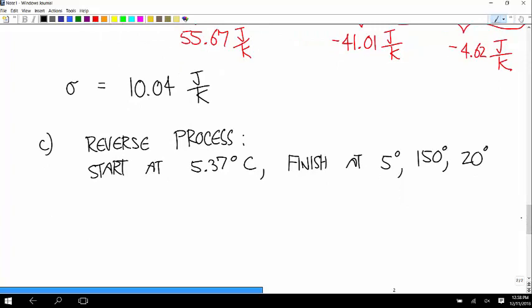Well, this is still an isolated system, so the entropy produced is still just the change in entropy. And the change in entropy for these incompressible materials is the change in entropy for the water, plus the change for the steel, plus the change for the aluminum.